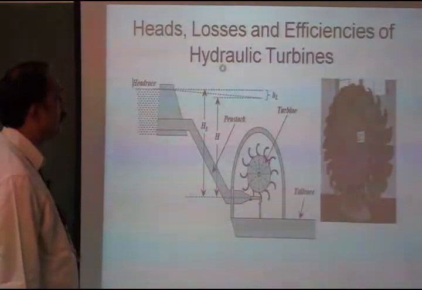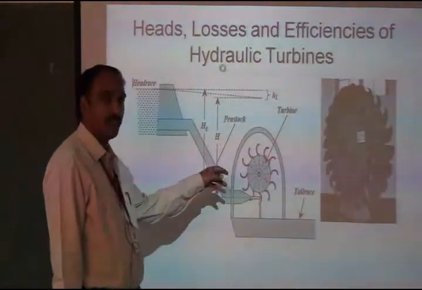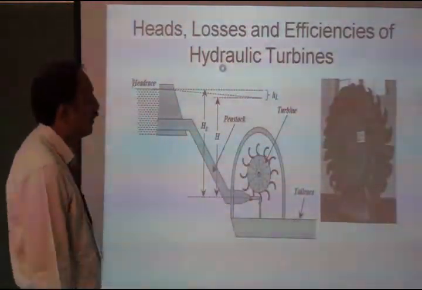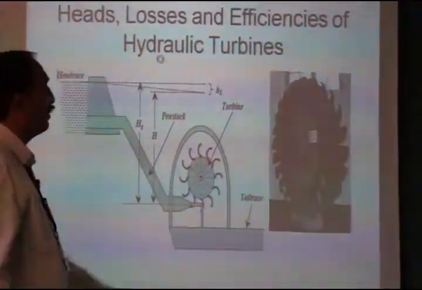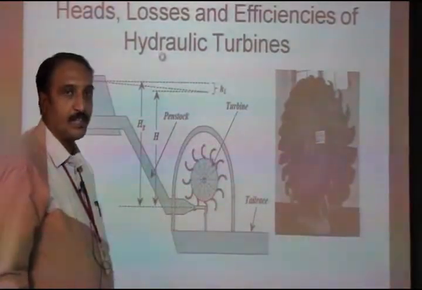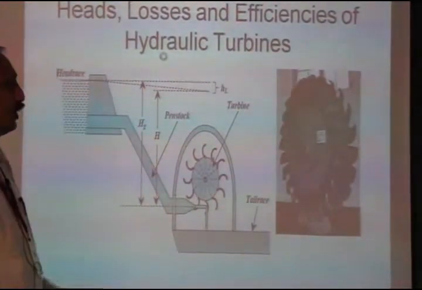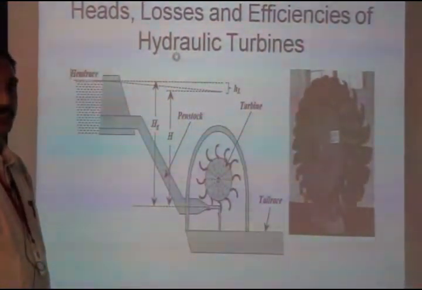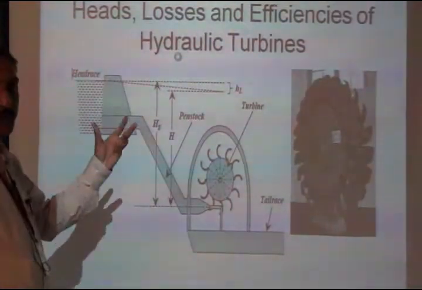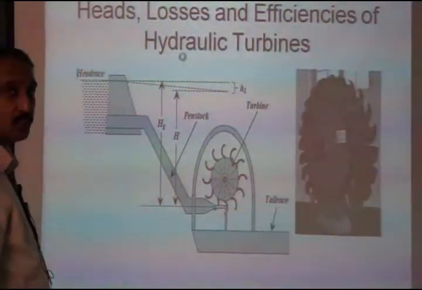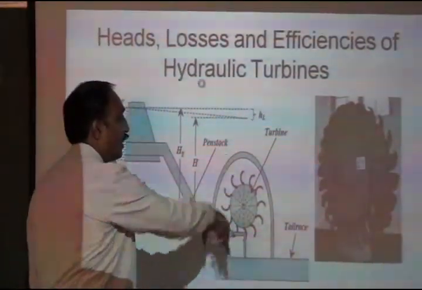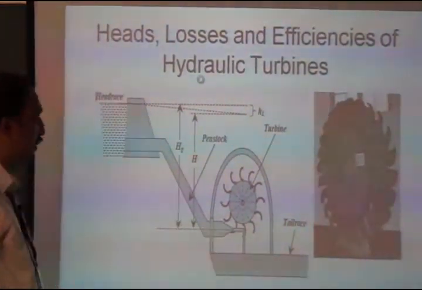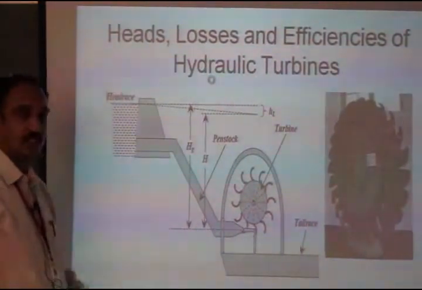Right. Here, this is one of the turbines, Pelton turbine. In this Pelton turbine, there is a runner wheel. Around the outer periphery of the runner wheel, there are a number of buckets mounted. The shape of the bucket is double hemispherical cups, which is mounted around the outer periphery of the runner wheel.